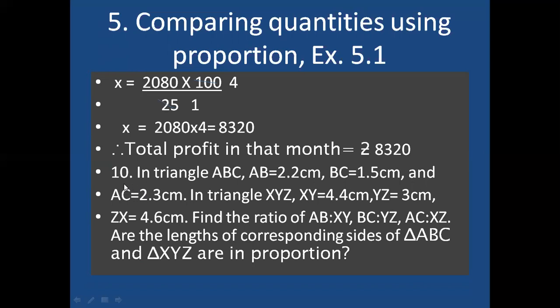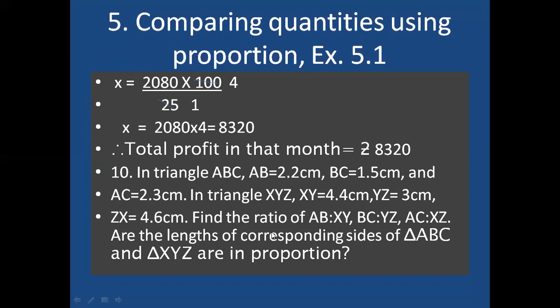Okay. Now 10th question. In triangle ABC, AB is equal to 2.2 centimeters, BC is equal to 1.5 centimeters, and AC is equal to 2.3 centimeters. And in triangle XYZ, XY is equal to 4.4, YZ is equal to 3 centimeters, ZX is equal to 4.6 centimeters.